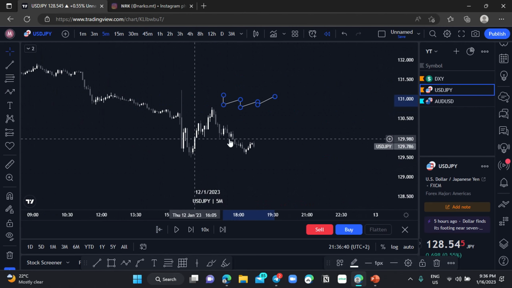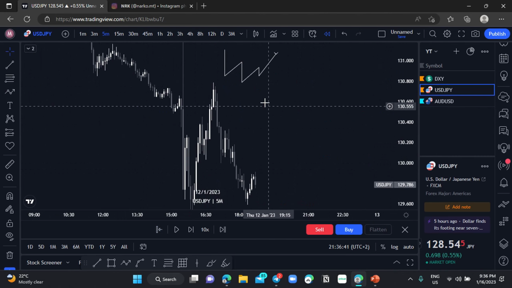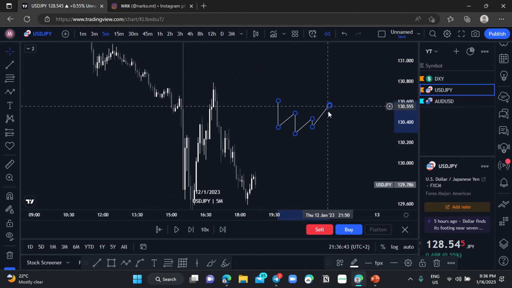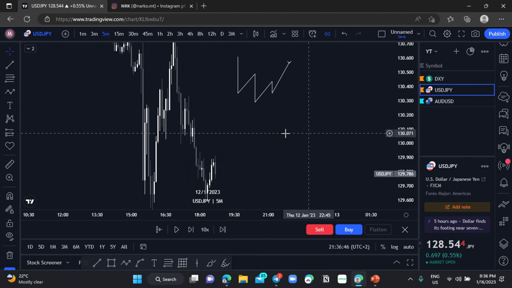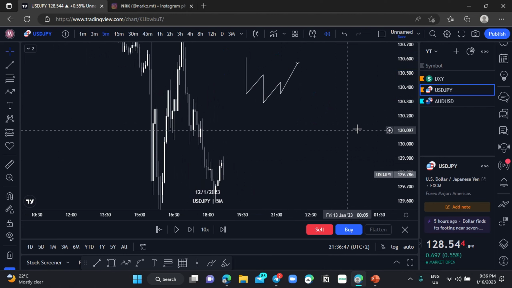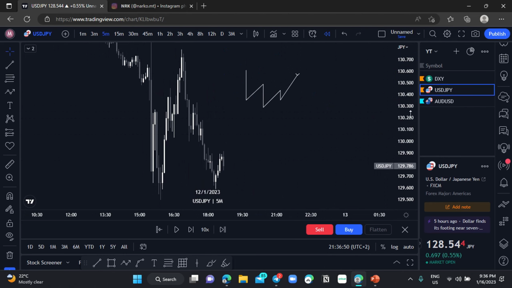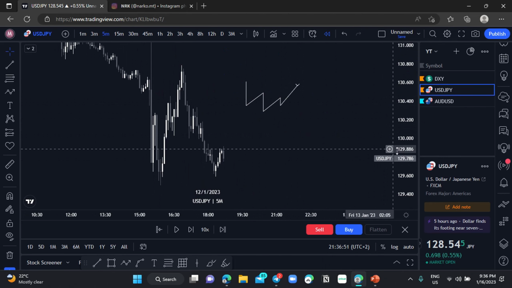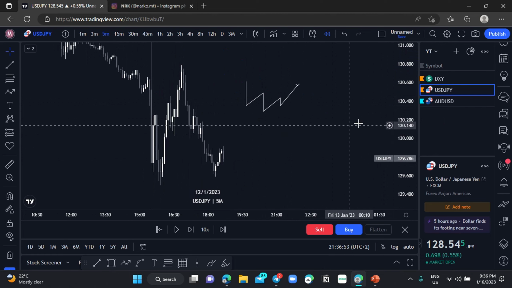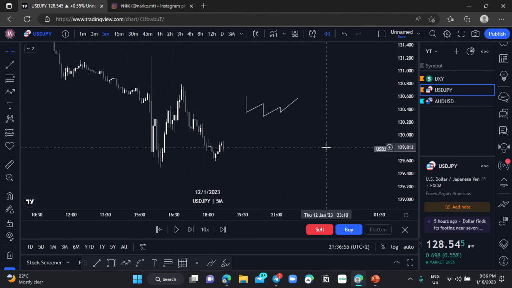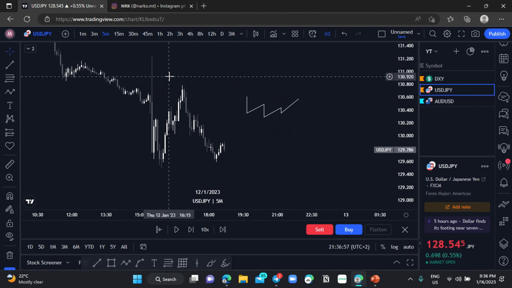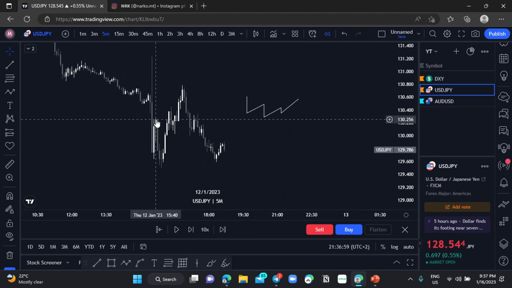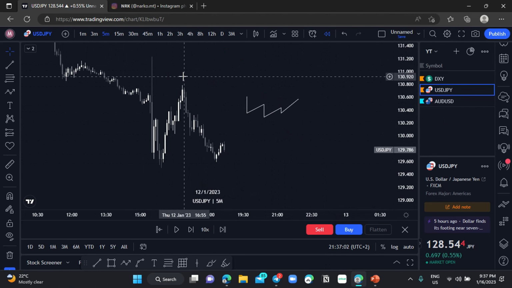So this is the copied structure I have from the dollar index, whereby it doesn't look good. My apologies for that. I just copied it from the dollar index to this chart. Now as you can see here, CPI also sold on the USDJPY chart, bought a little and then sold, then bought, to show that it correlates with the dollar index.